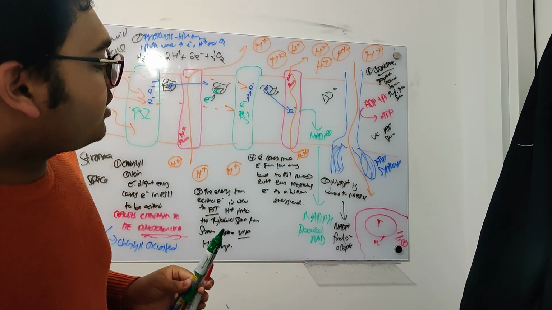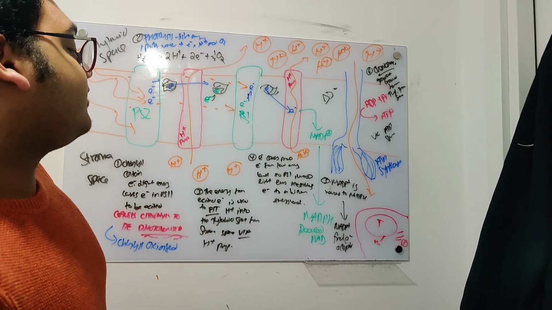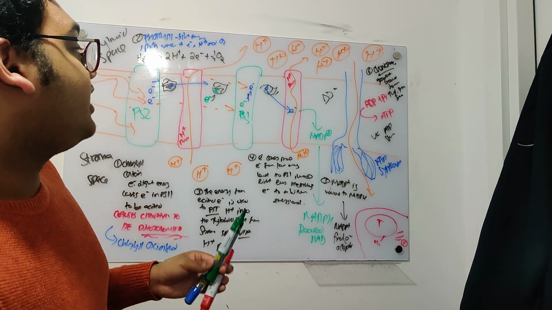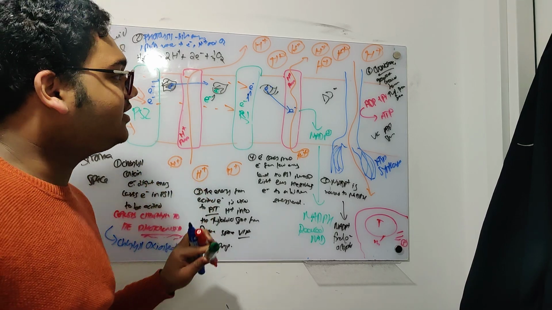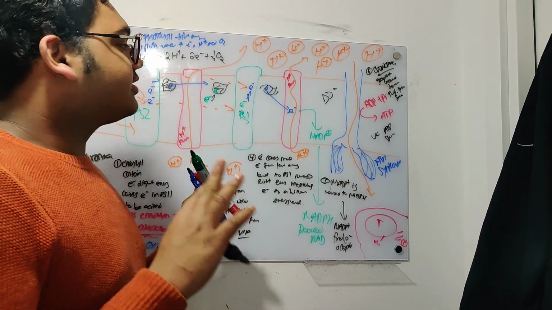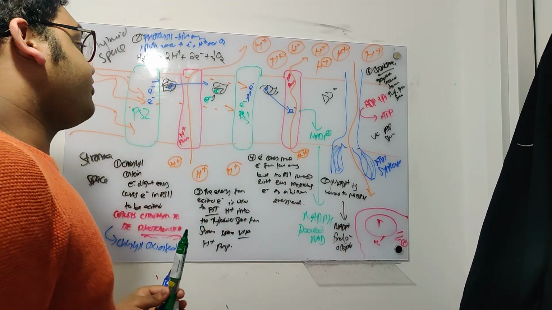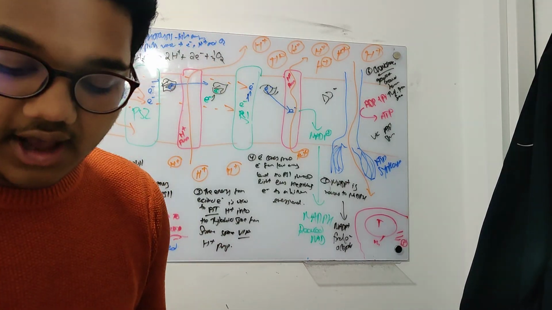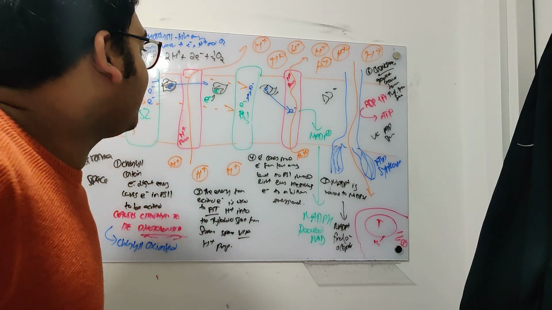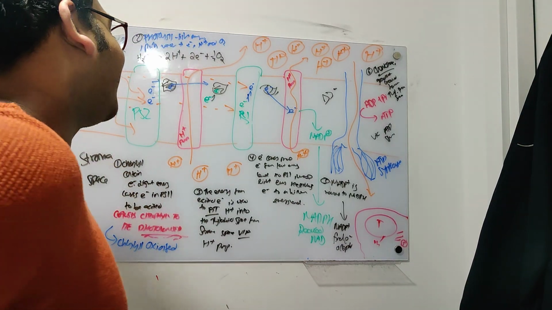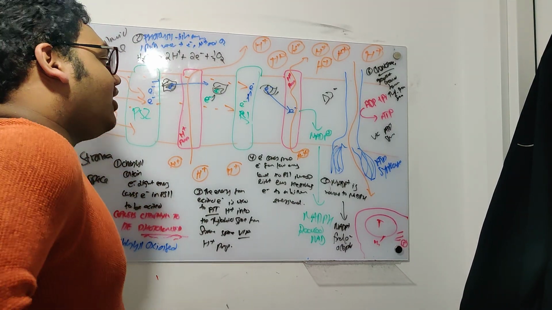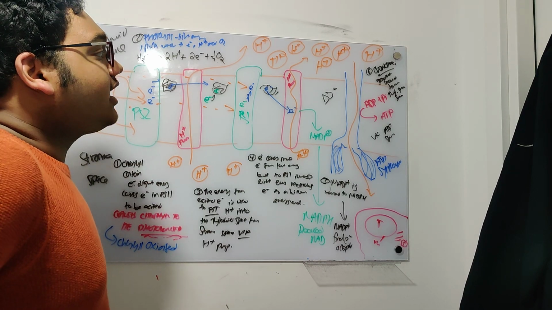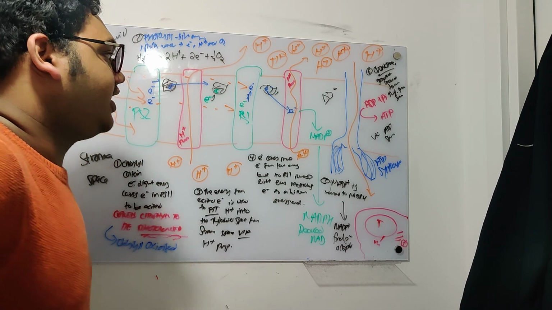So you might also be thinking, what's the point of producing all of these NADPHs? We'll find out in the next video when we go over the light independent reactions. Now, the final thing that I want to talk about, I know this video is getting long and I'm really sorry about that, but this is how this topic is. The last thing I'm going to talk about is cyclic and non-cyclic photophosphorylation.